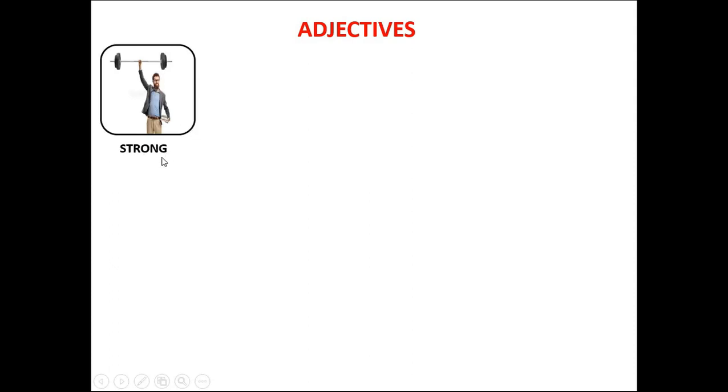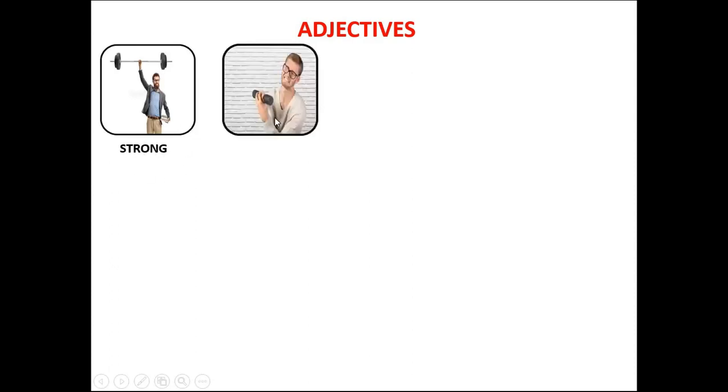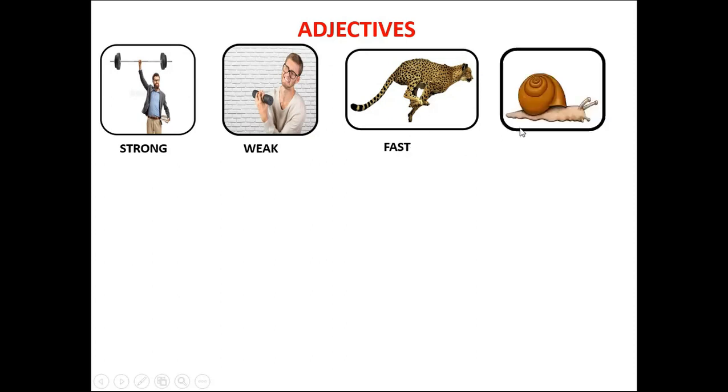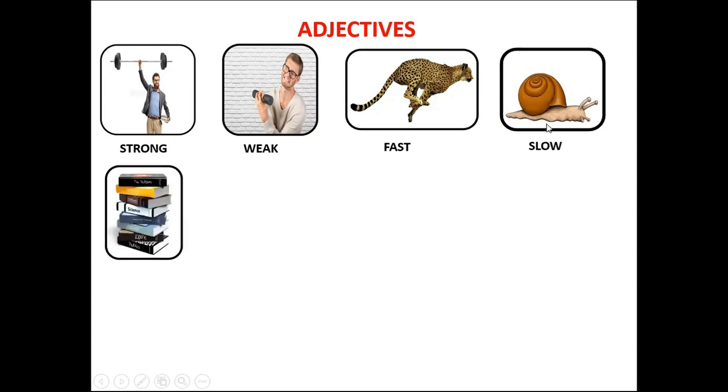Adjectives. Let's review. This is strong. This is weak. But the cheetah or the leopard is fast. But the snail is slow. The books are new.